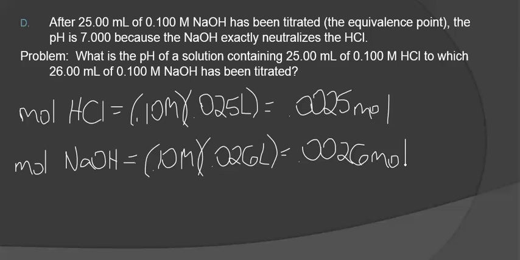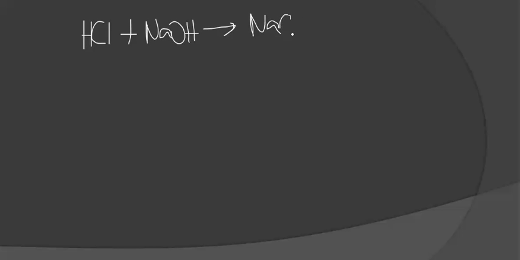So there is the amount present for the acid and the base. Now we're going to go to our reaction. HCl plus NaOH forming the salt and water.